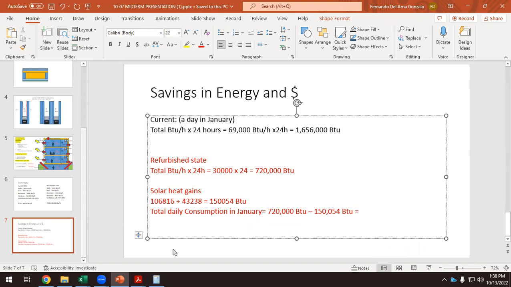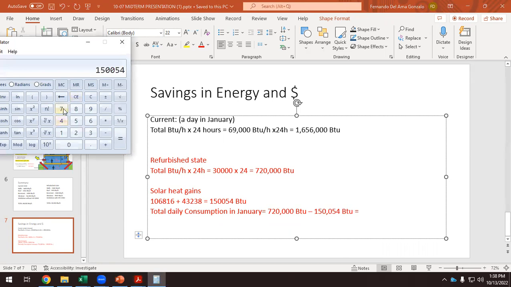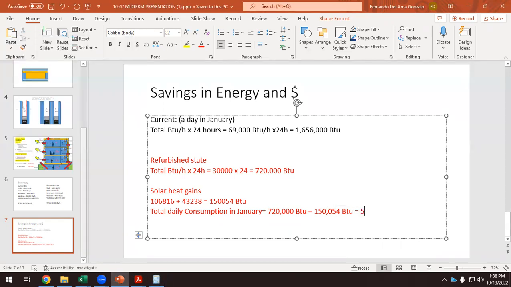So this is 720,000 minus 150,000. So this is 569,946 BTU. So this is the number that I have to compare to the number of my original state.